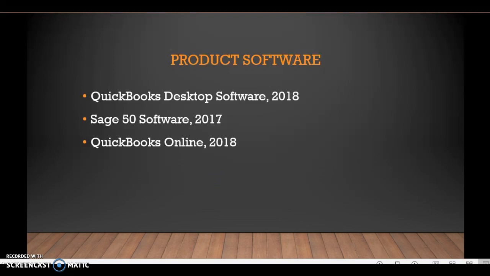So let's just talk a little bit about these different software packages. There are 2 textbooks associated with the class. For QuickBooks Desktop Software 2018, we'll use the Computer Accounting Essentials with QuickBooks 2018. This is our first textbook. The second textbook is related to the Sage 50 software.